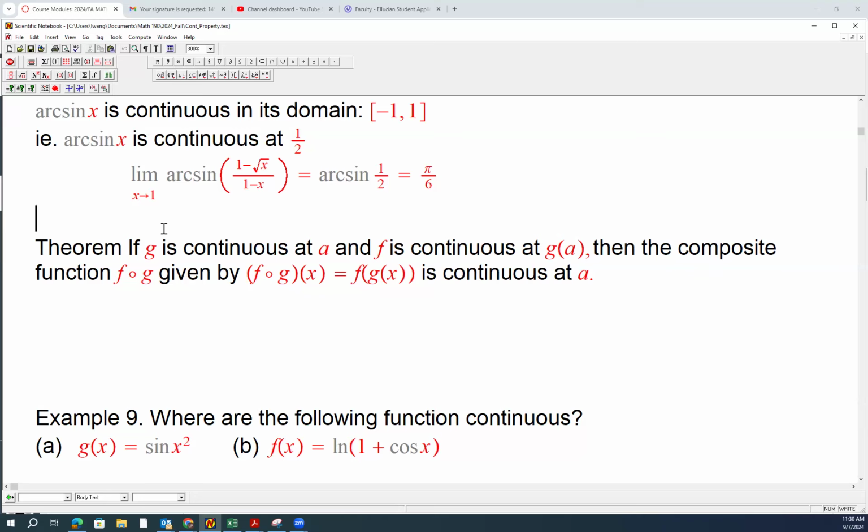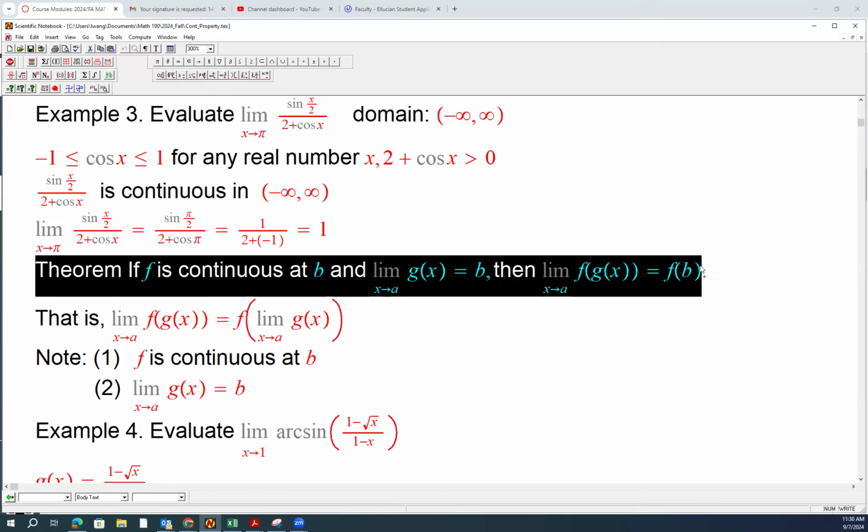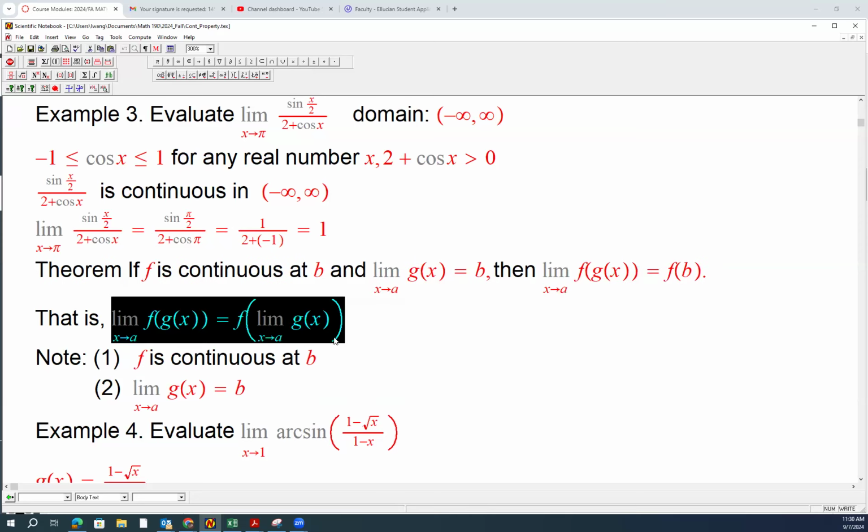This theorem is a direct conclusion of that theorem.